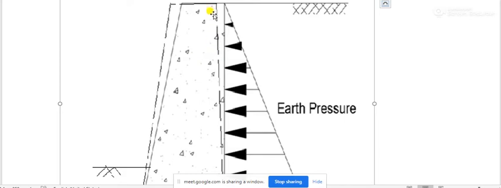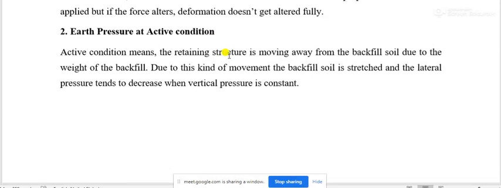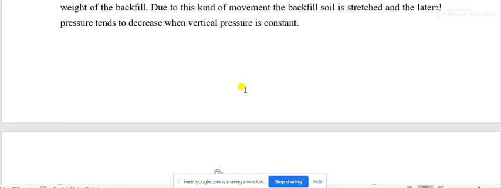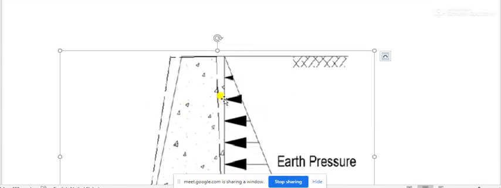And due to this earth pressure, which comes from the vertical weight of the soil, the movement of the backfill decreases and comes to zero, starting from this position to this position, there is a gap, and after that it comes to the end of movement.